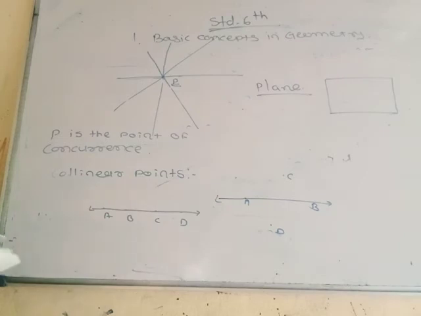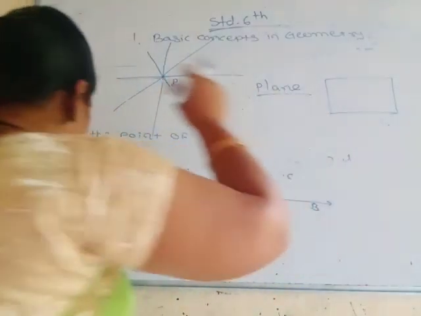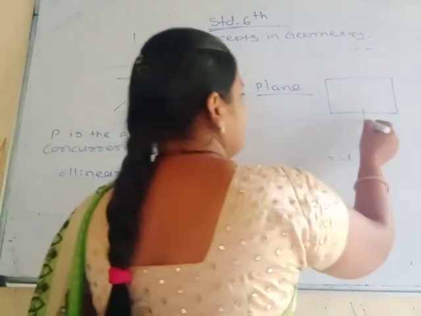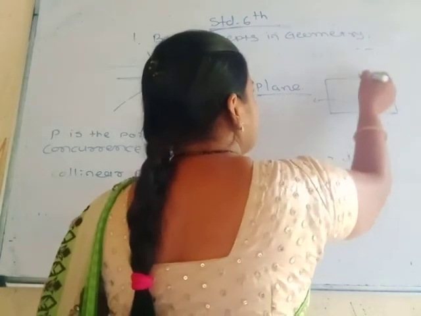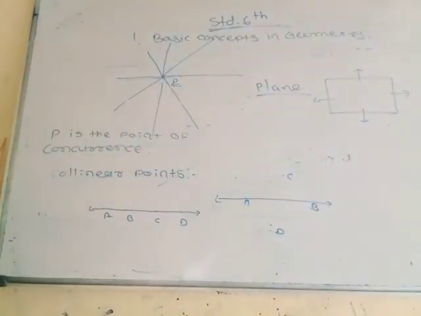In the figure, arrows are drawn on all sides to show that the plane extends infinitely in all directions. A plane is a flat surface which extends infinitely in all directions.